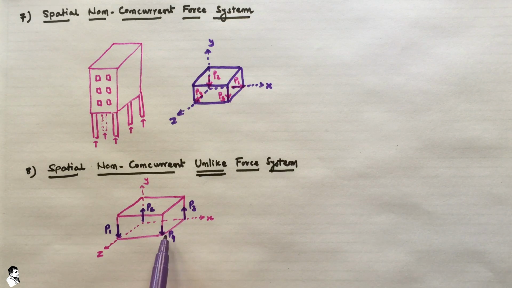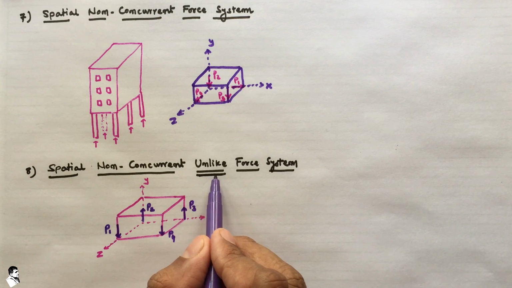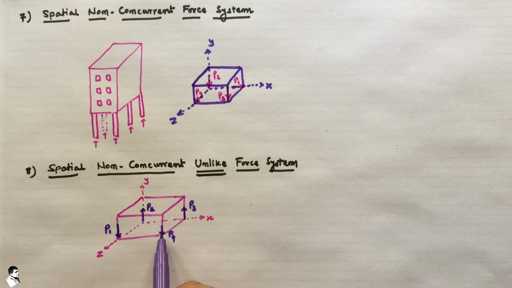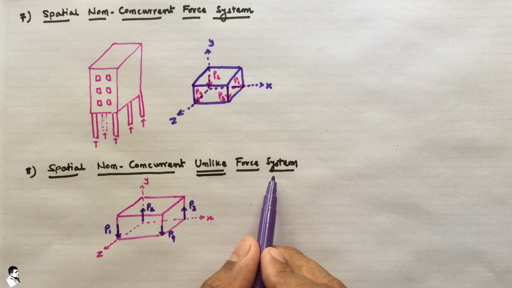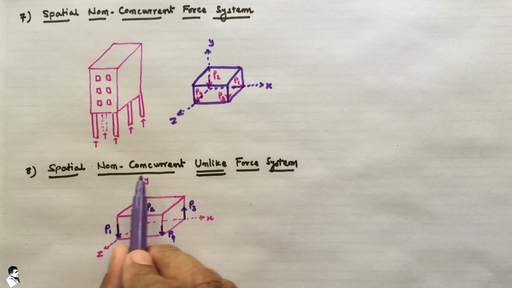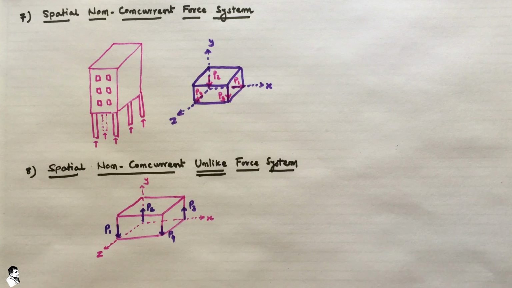So yes, those are acting. They are non-concurrent. Yes, those are not meeting at the same point. And those are unlike. That means those are acting opposite to each other. These two forces are going upwards and these two forces are going downwards. If I want to write down a like force system, I just turn this force in upward direction, right? So that is spatial non-concurrent like force system. So this is the example of spatial non-concurrent unlike force system.